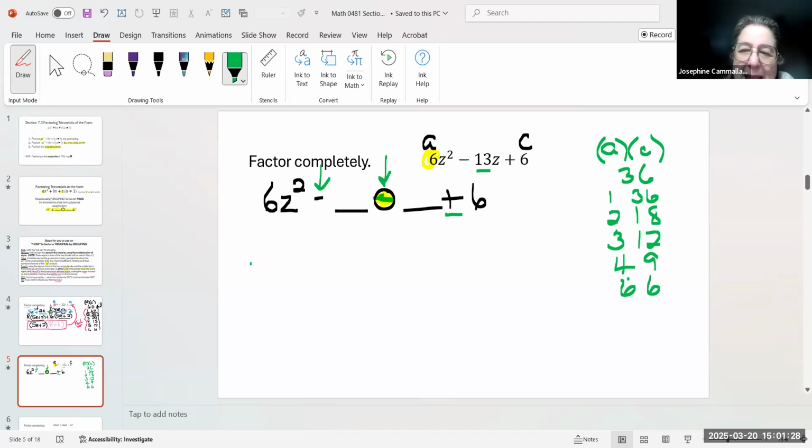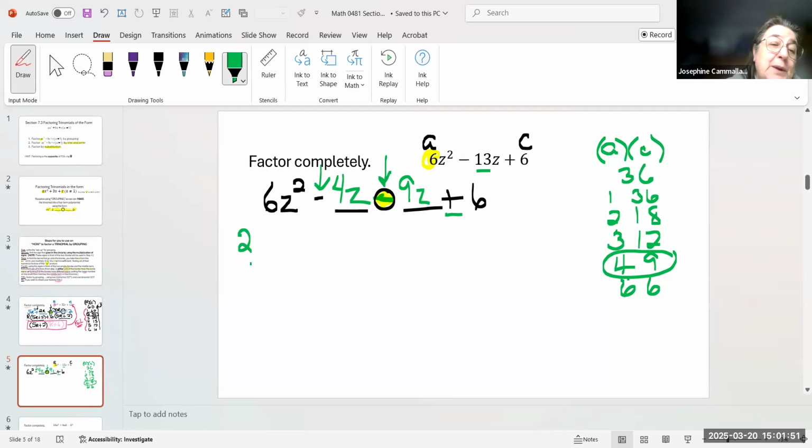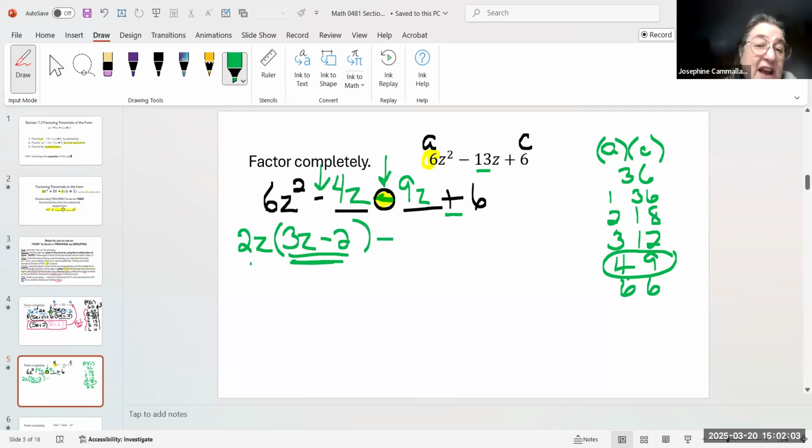Now, I'm adding to get 13. 4 and 9. 4z, 9z. I'm adding to get 13. Well, this is going to give me a 2z. This is 3z minus 2. Now remember, I need a 3z in the parentheses that's following.